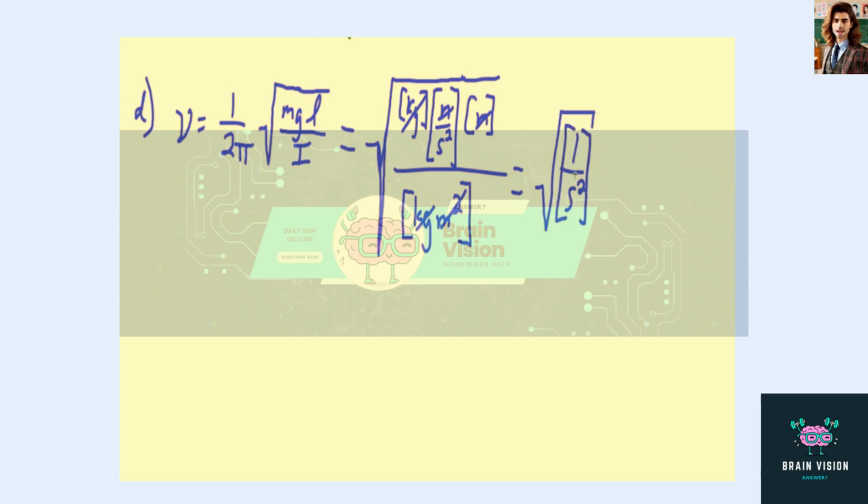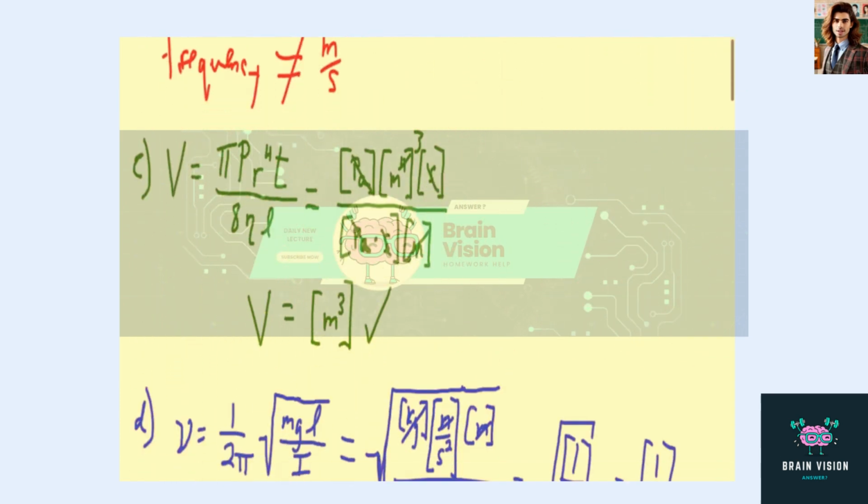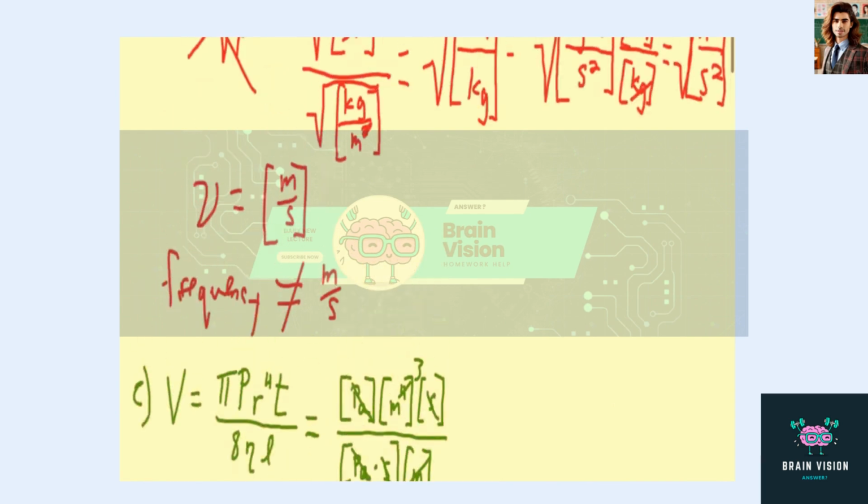When we square root 1 over second squared, we're just going to end up with 1 over seconds. Remember, this little curly nu was frequency, which is measured in units of hertz or inverse seconds. So this also checks out. So it looks like a, c, and d are correct, and b is incorrect.